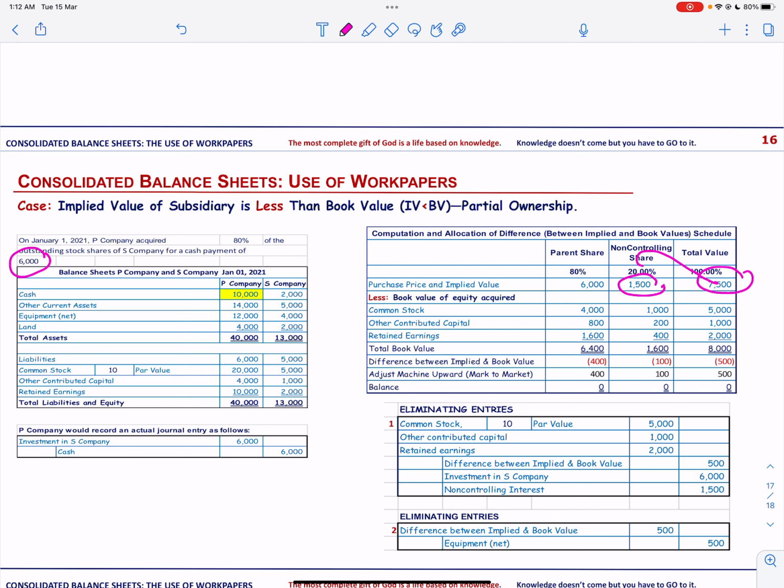The book value of S company, equity of 8,000, exceeds its implied value of 7,500 by 500.